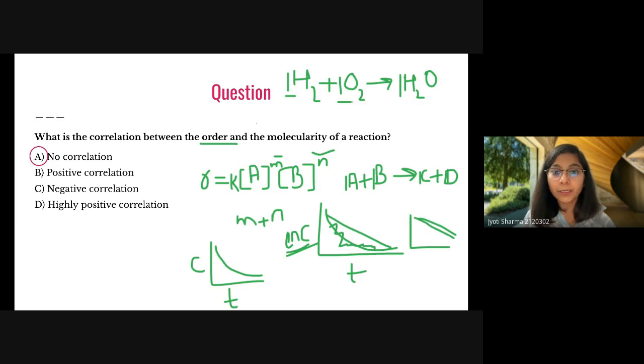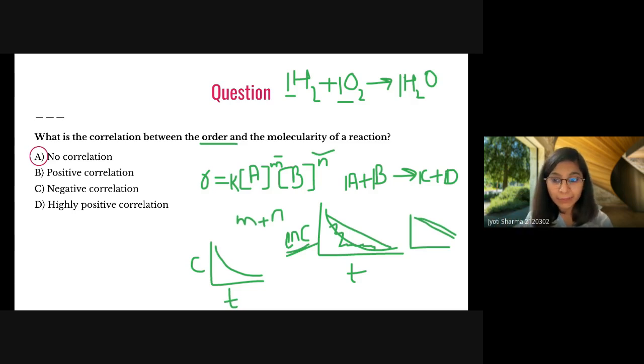But most of the time, H2 and O2 give you H2O, but it is not happening in one step. It is taking multiple steps. This is known as a complex reaction. If it is taking more than one step, each step is known as an elementary step.